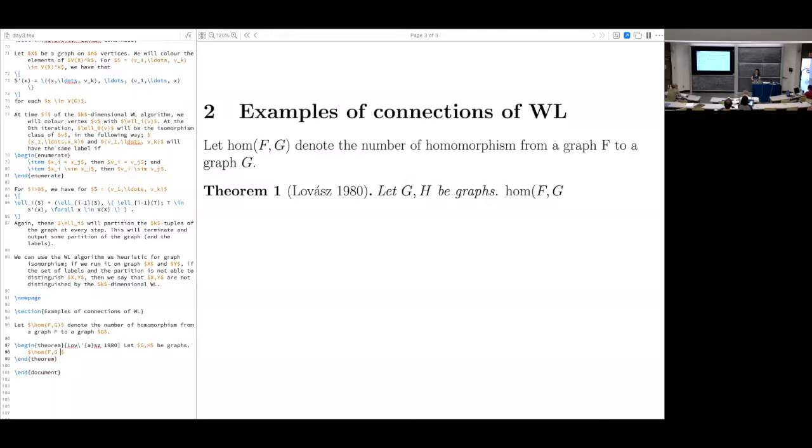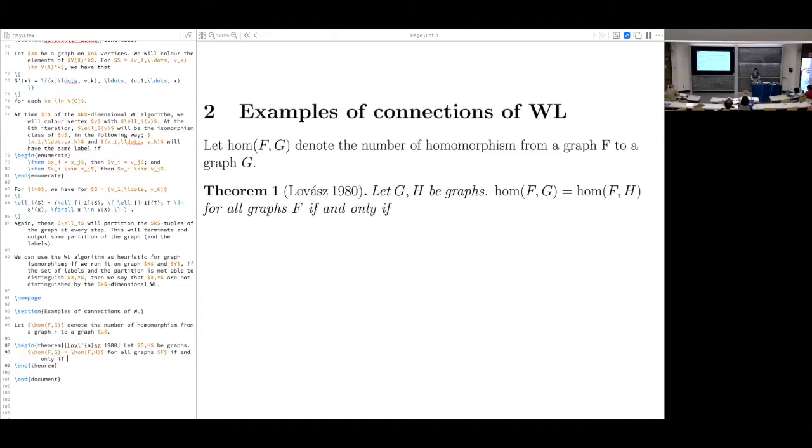If the number of homomorphisms from F to G and from F to H is equal for all graphs F, that happens if and only if G is isomorphic to H.